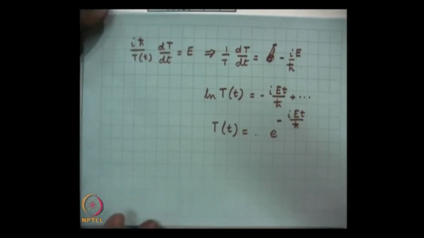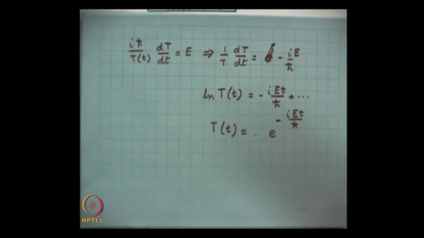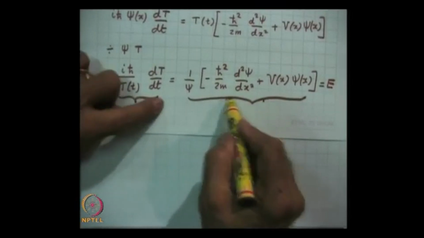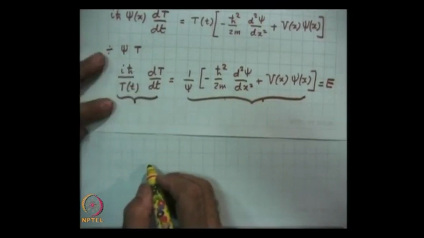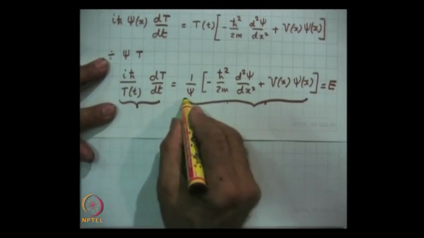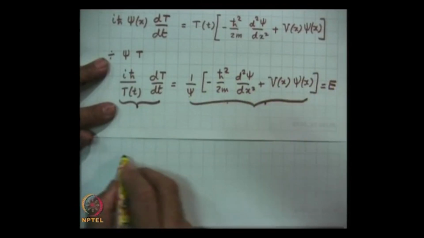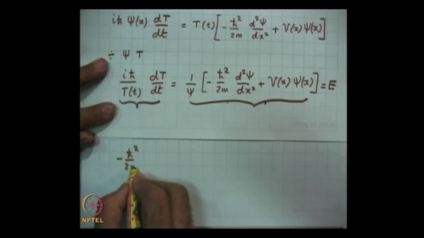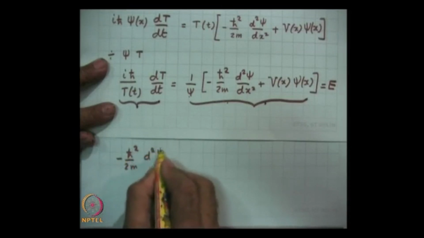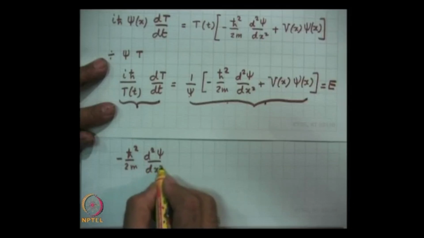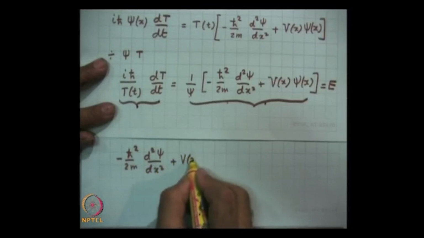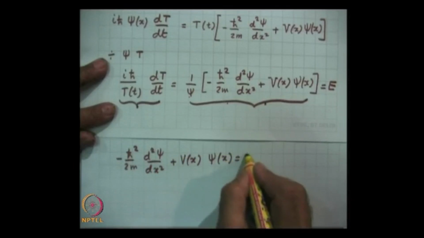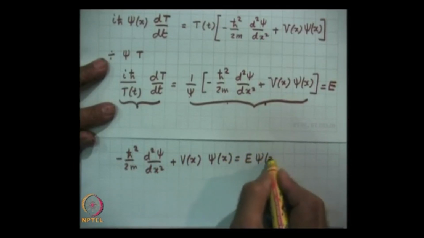So, this is the solution of the time dependent part, and the solution of the space dependent part is very simple. You can write down, if I take psi on this side, minus h cross square by 2 m d2 psi by dx square plus V of x psi of x is equal to E psi of x.